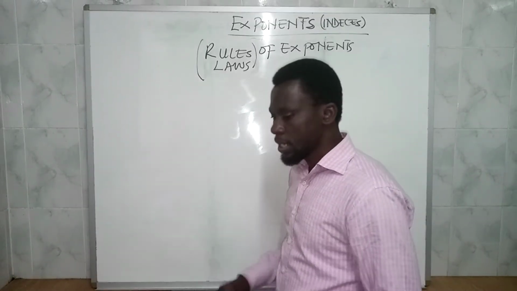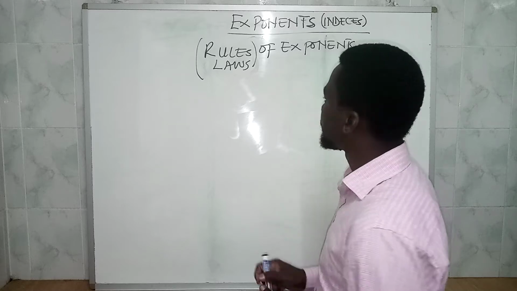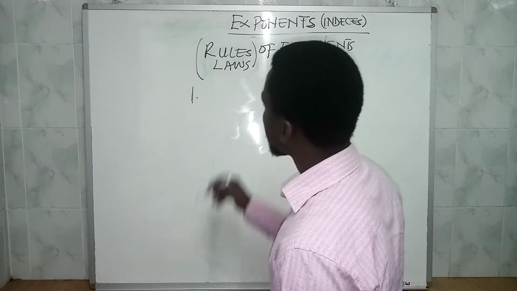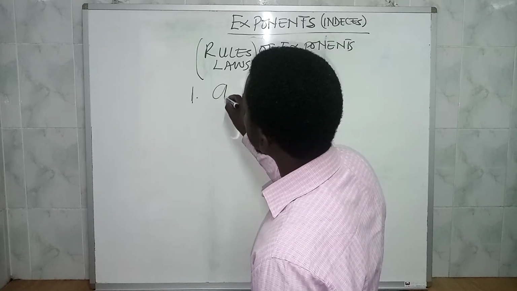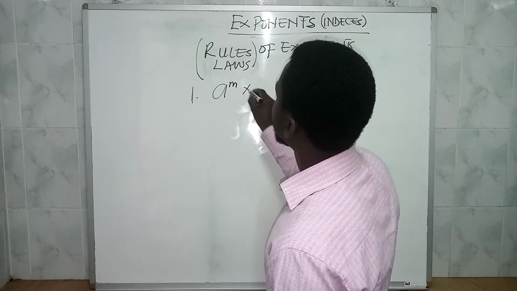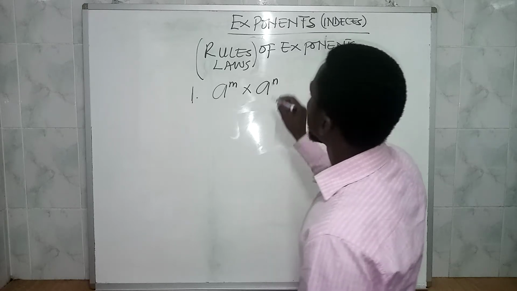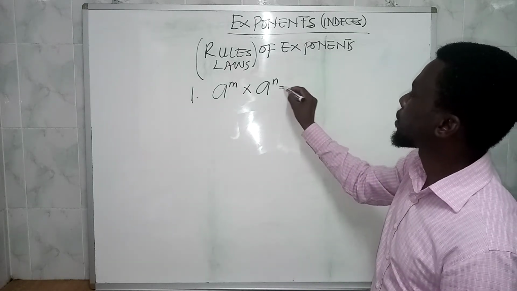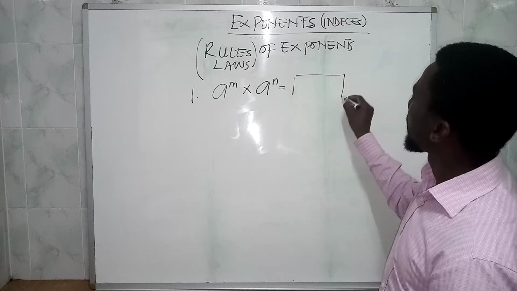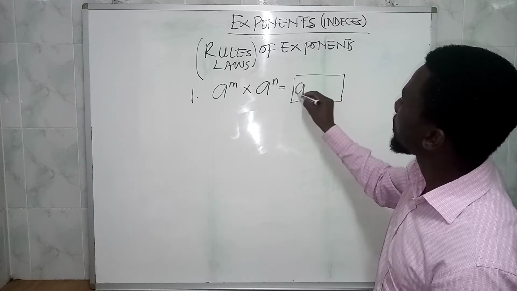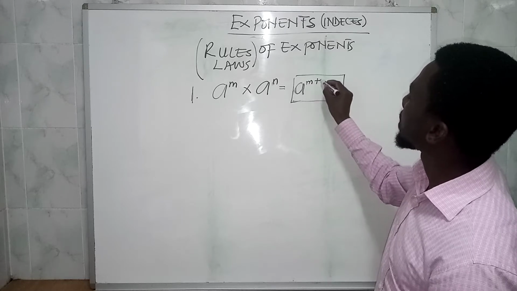So now let's quickly look at the rules or the laws. The first one, we shall say that when we have a raised to the power m times a raised to the power n, then this becomes a raised to the power m plus n.